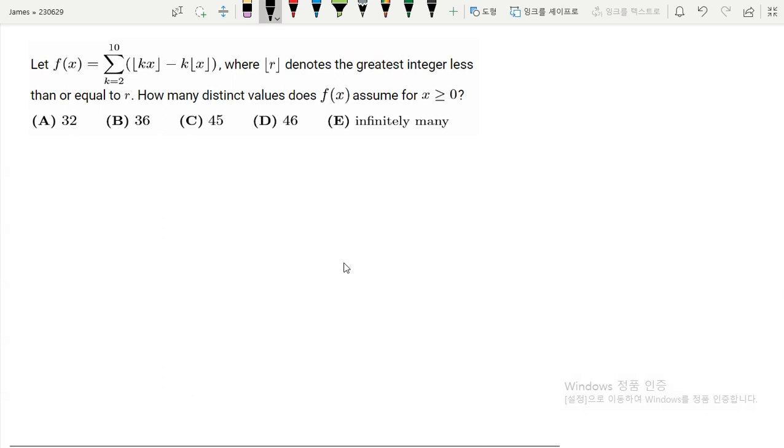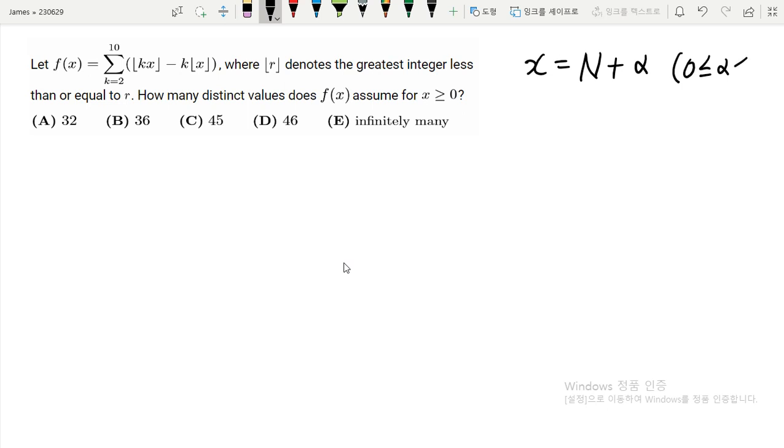So we can think of number x as the integer part and the remaining part. In this case, the remaining part is between 0 and 1. In such case, the floor of x takes only an integer part, so the floor of x is just n.